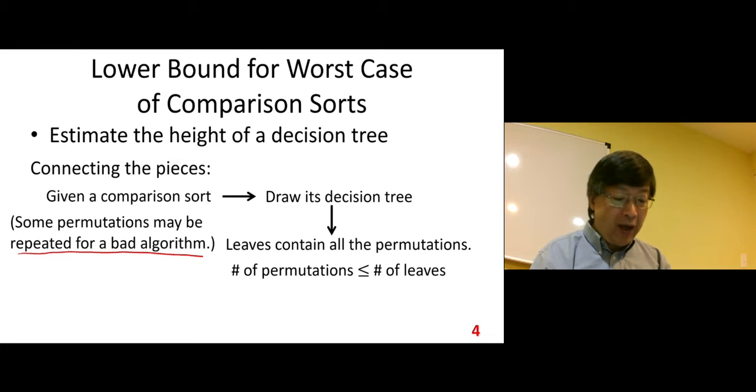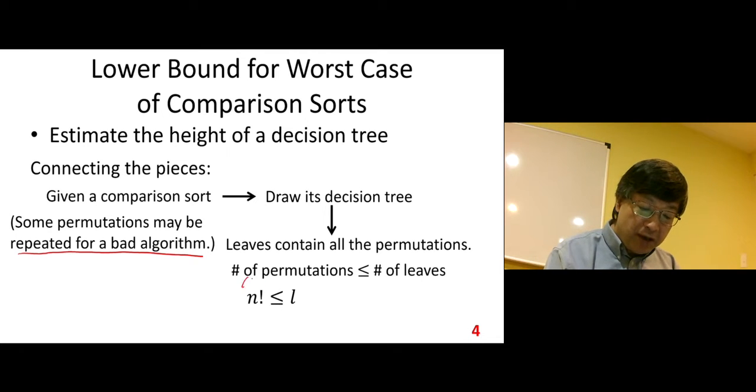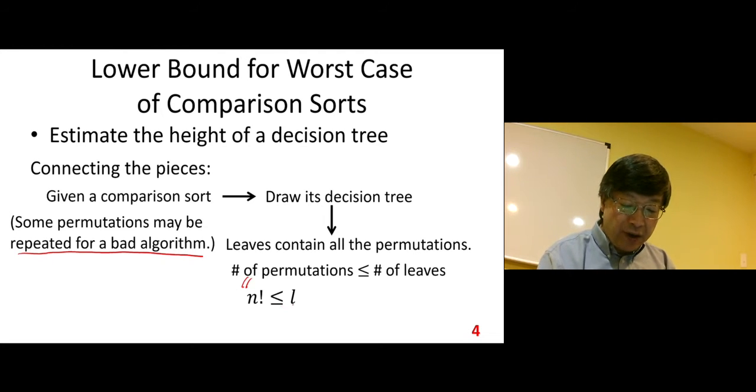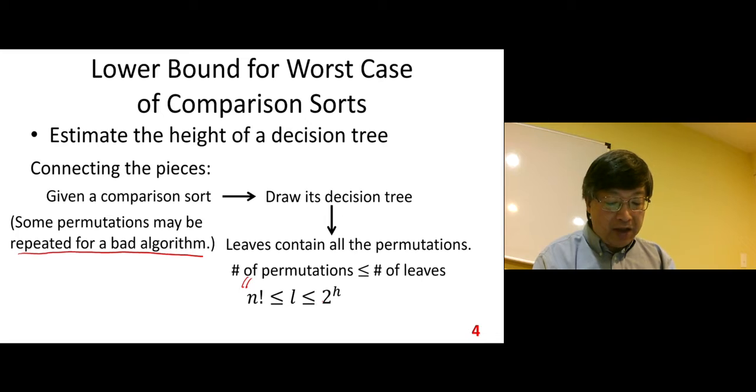Okay. Then, based on the result from the previous slide, we can get the conclusion. The number of permutations, which equals n factorial, is less than or equal to L, but L is less than or equal to 2 to the h, where h is the height.